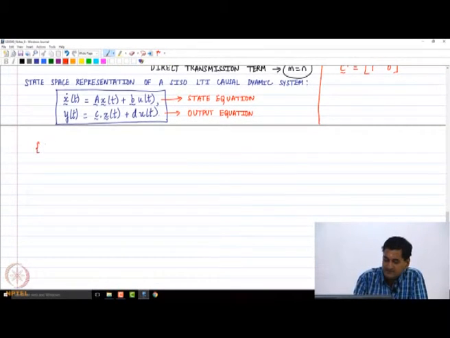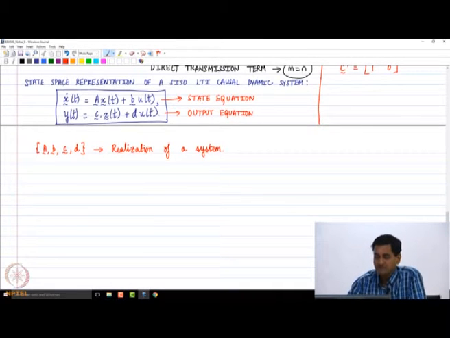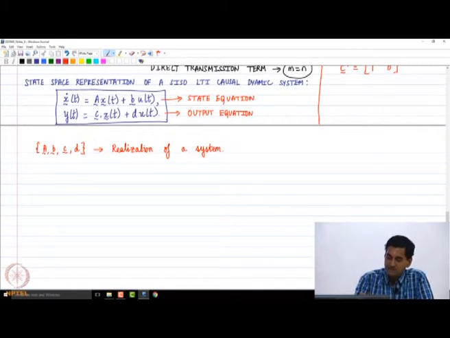Typically the set A, B, C, D is what is called a realization of a system. That is a terminology which we will encounter.